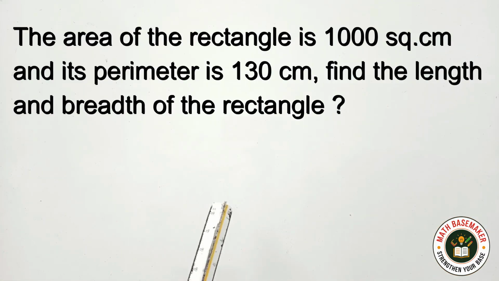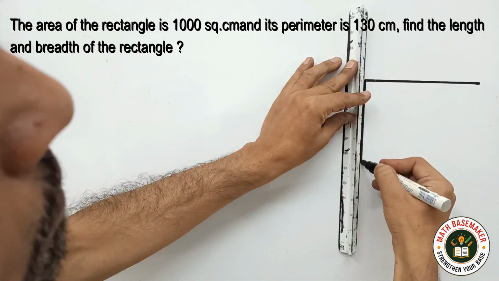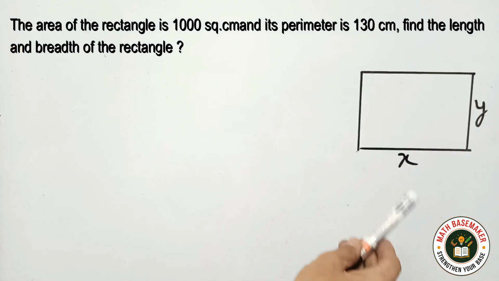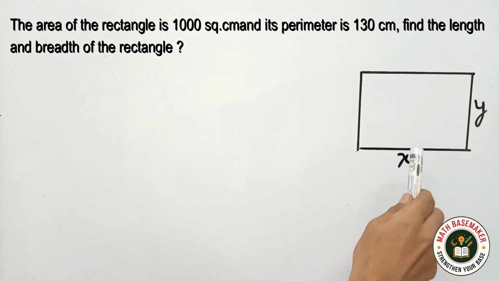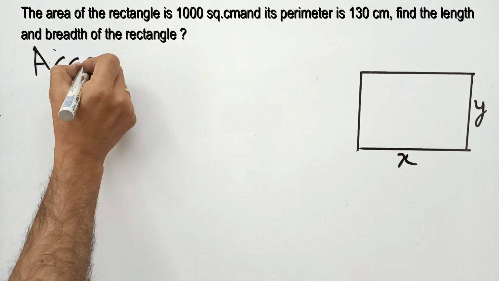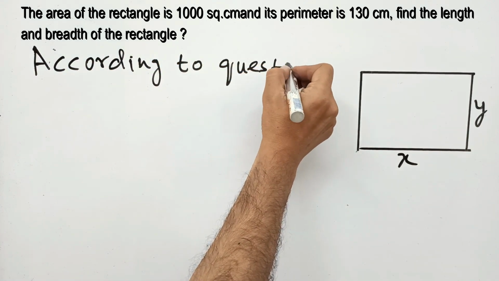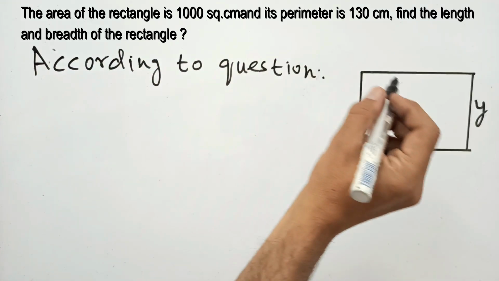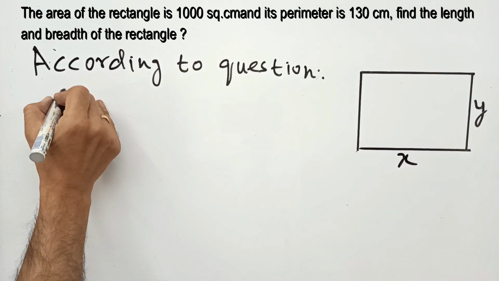The area of a rectangle is 1000 square centimeter and its perimeter is 130 centimeter. Find the dimensions. So let us suppose this is a rectangle and let the dimensions be x and y. Length is x, breadth is y. According to the question, length into breadth, the area, is equal to 1000 square centimeter.